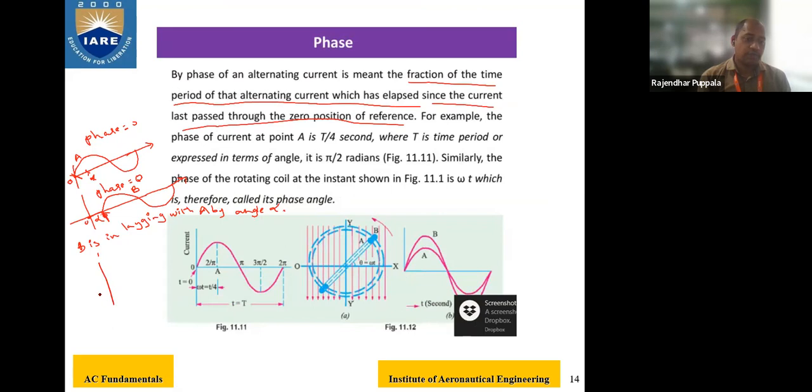Now I will consider one more waveform here, waveform C. It's maintaining an angle of alpha here, but on the negative side. So the phase is minus alpha. A is started here, but C is starting before A, by an angle of alpha.